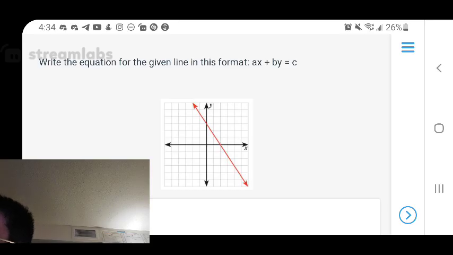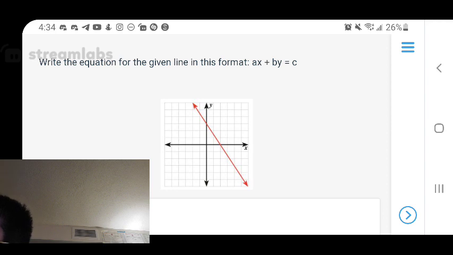Yep, rise over run is 3 minus 0, it's also A, or it's negative A, or m. Rise over run is 3 minus 0 and 0 minus 2, y over x.